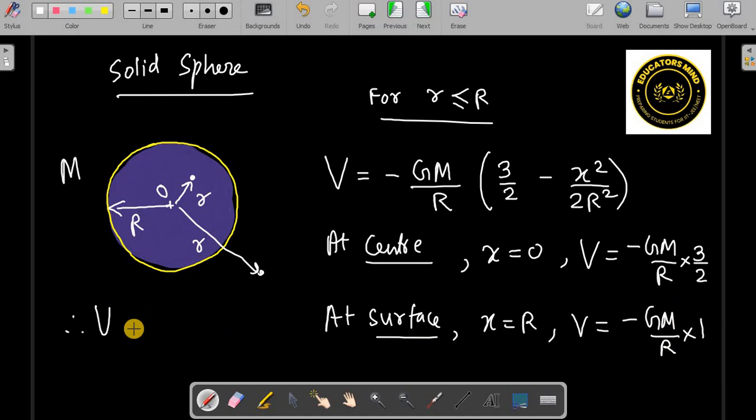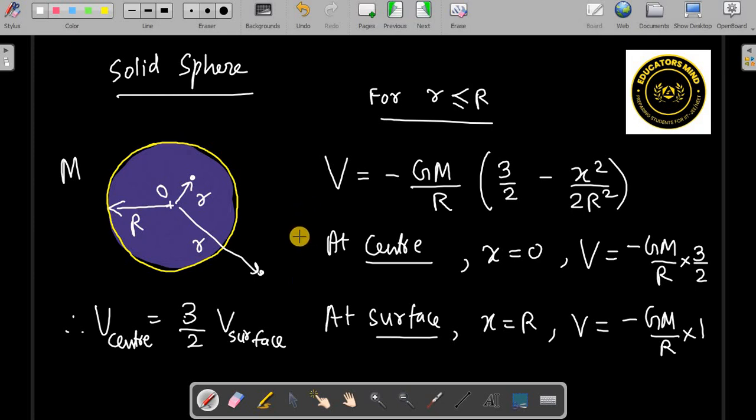So note that the potential at the center is 3 by 2 times the potential at the surface. Yes, so potential at the center is 3 by 2 times potential at the surface. Okay, right?